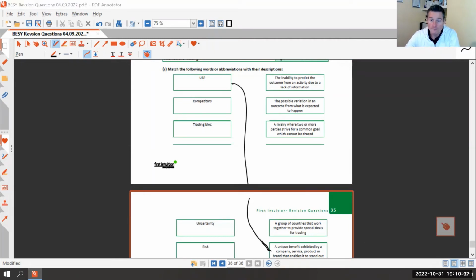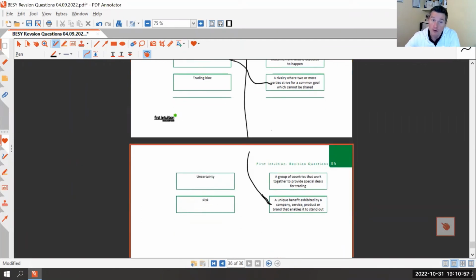So next one, competitors. What are competitors? So competitors are a rivalry between 2 or more parties striving for a common goal, which cannot be shared. They're normally looking for the same customers. They want to spend money with them rather than with their competitors. Next one, trading block, without getting too political.